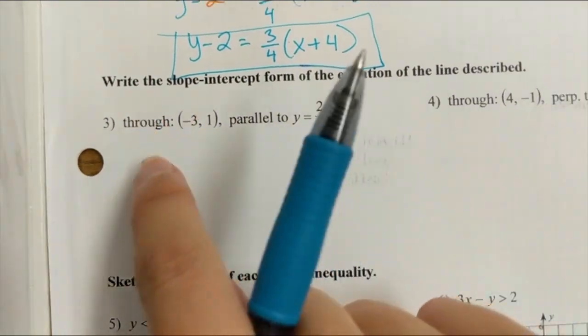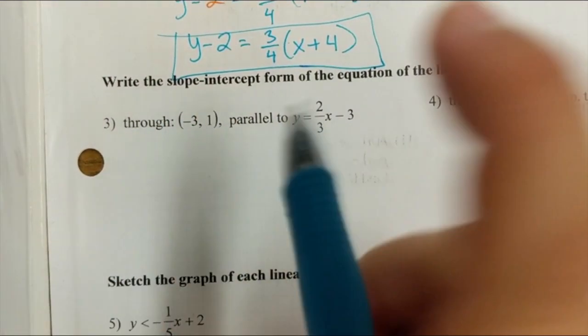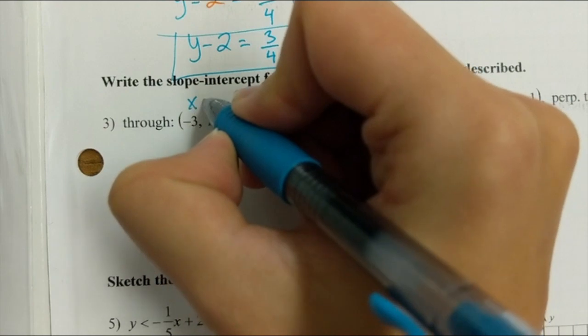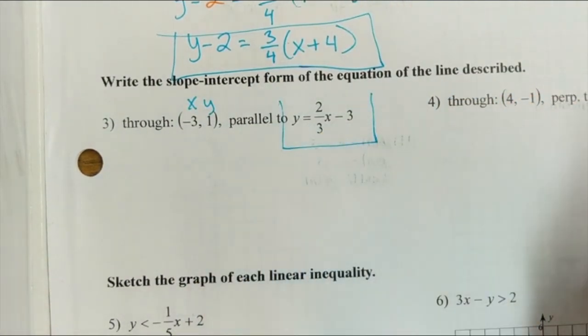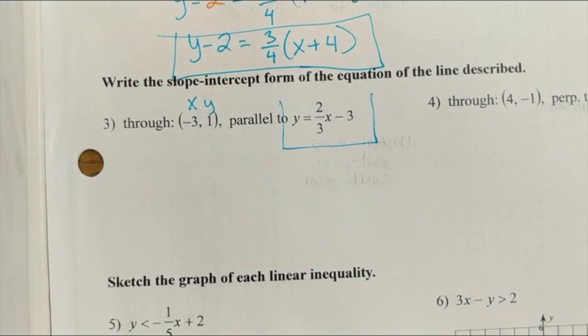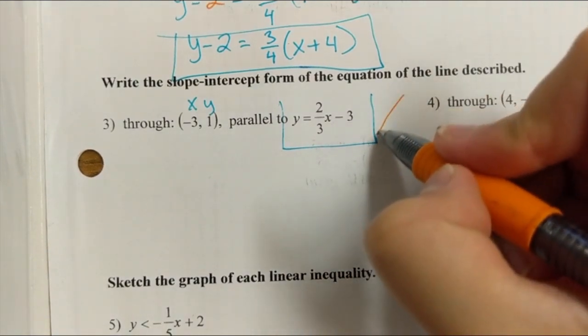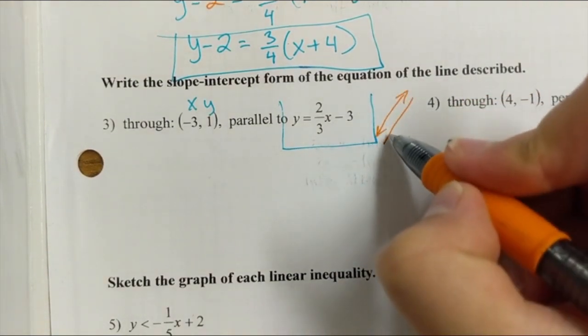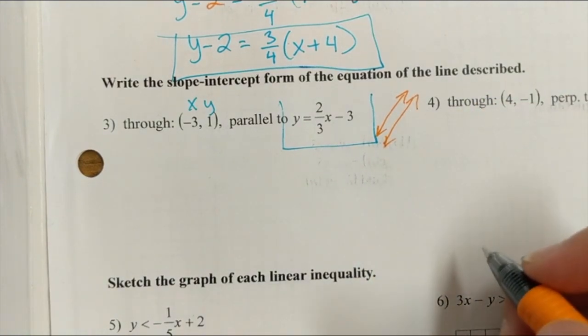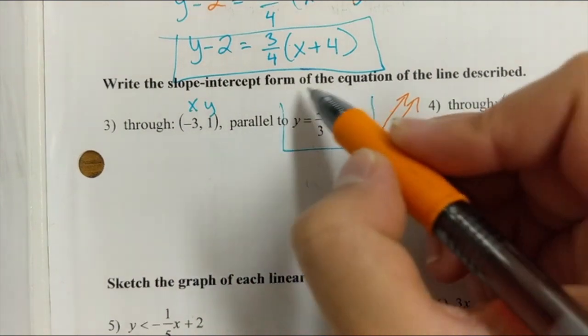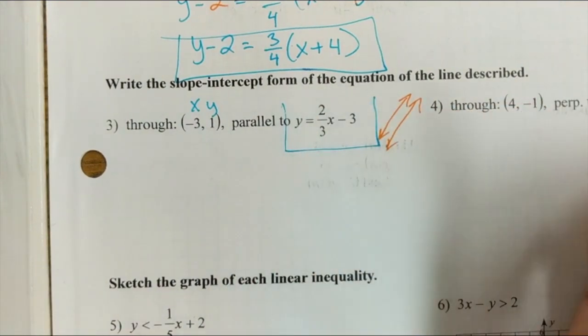So you need to write the equation of a line that goes through this point and is parallel to this line. Okay. Parallel lines have the same exact slope. So the equation of the line they gave me, I look at the slope.